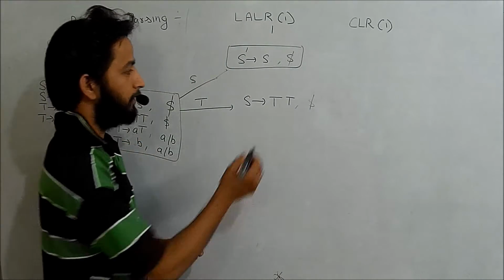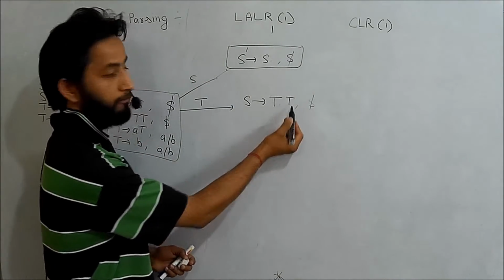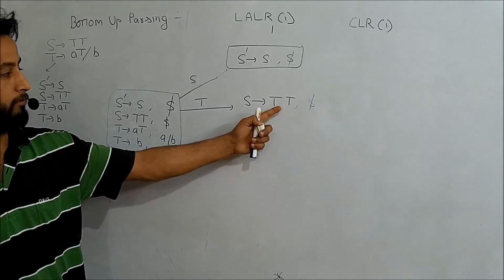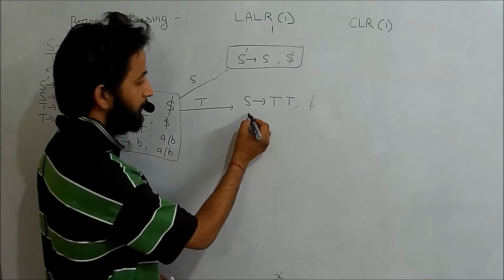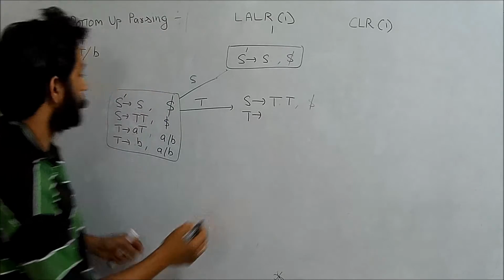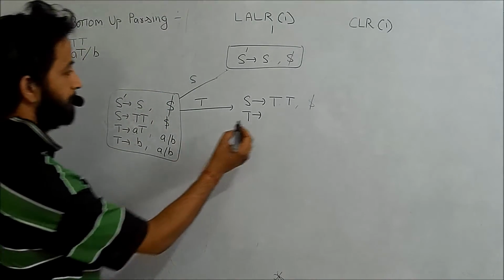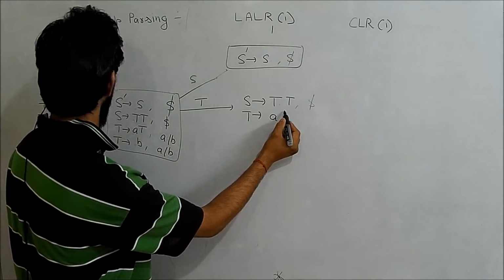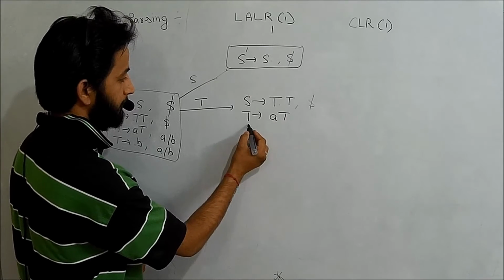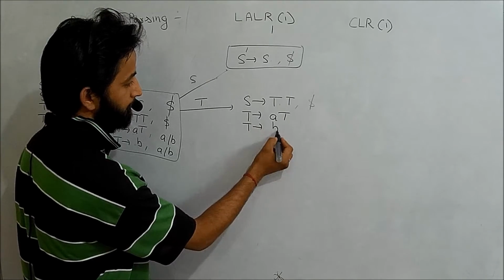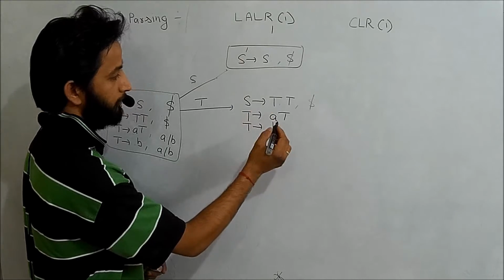Now I will write the closure of this T. Because of this dot I will add the closure, and the closure of this will be T derives aT and T derives b by adding dot here, dot here.